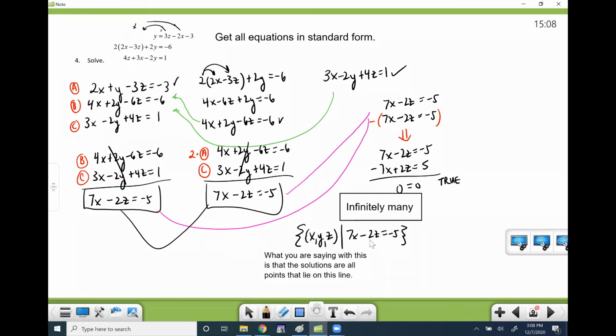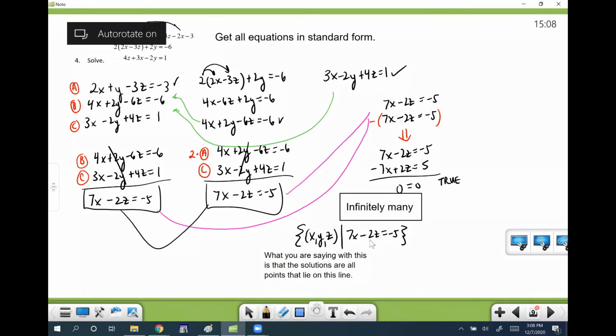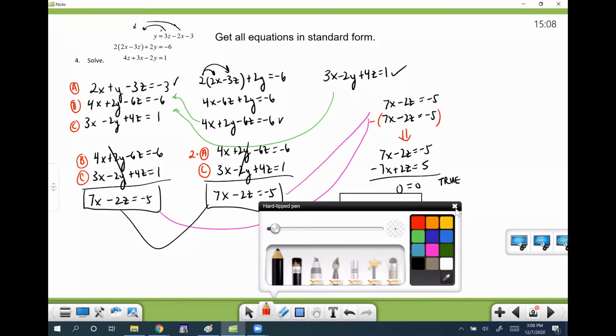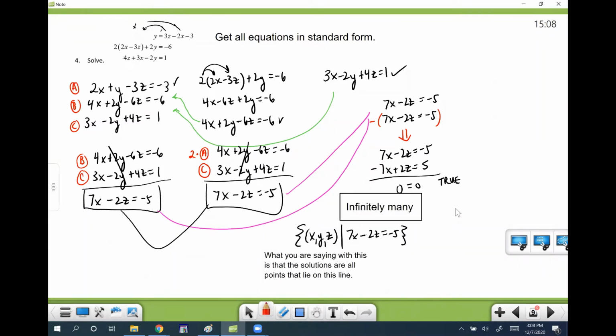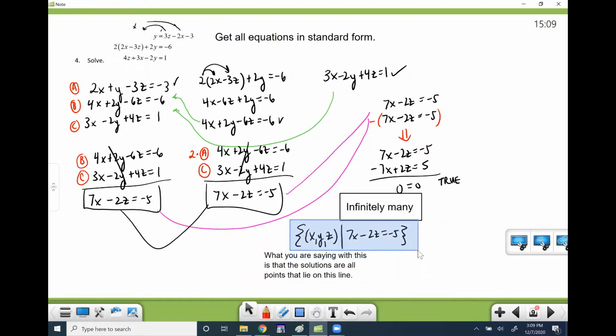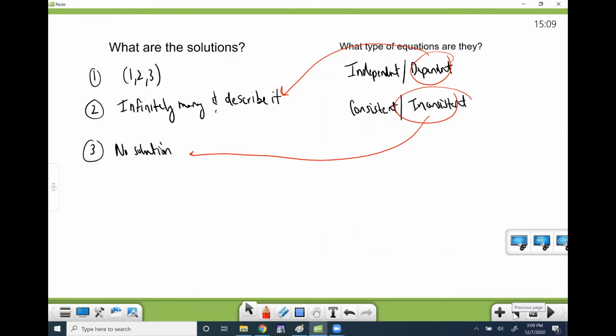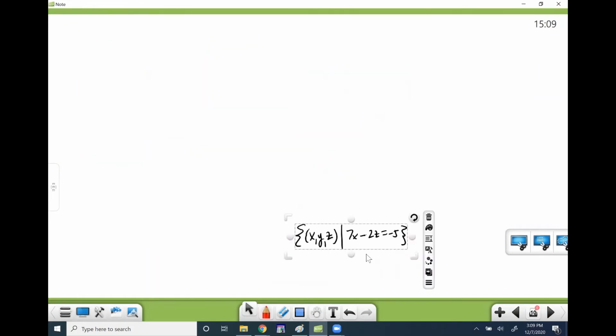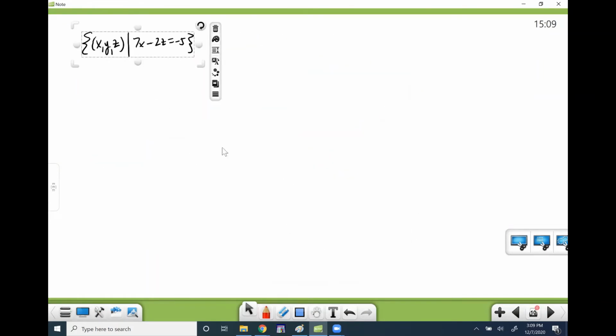So for example, just to kind of show you what I mean in more detail, if I were to pick some points that satisfy that equation right there, that's 7x minus 2z equals 5. Let's go look at it in more detail so you know why this is important. What does this even mean?